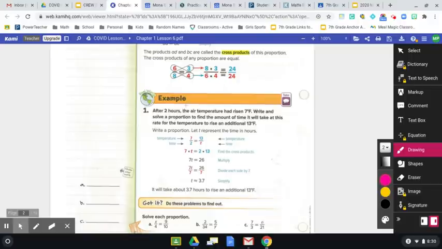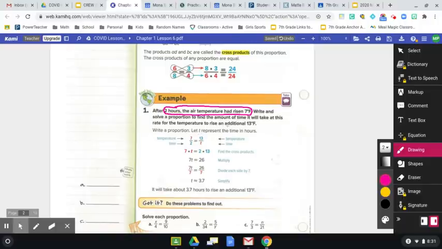So right at the beginning here, where it says, after 2 hours, the temperature had risen 7 degrees Fahrenheit. This right here, I'm going to circle. I'm going to identify this as a piece of data that I need to put in that proportion.